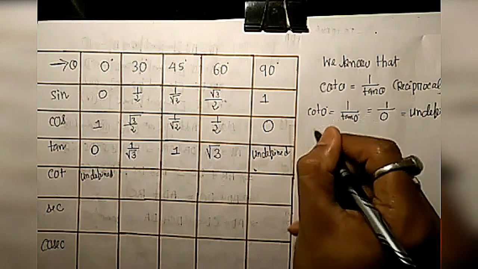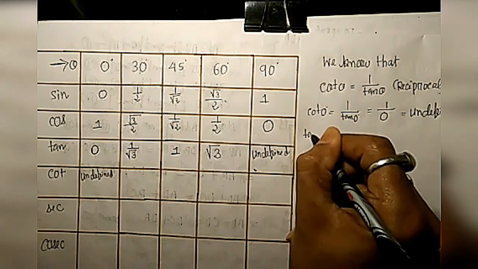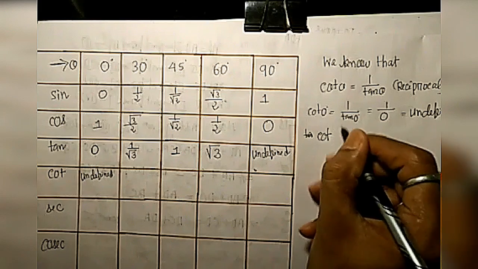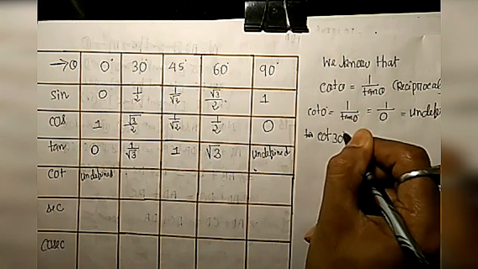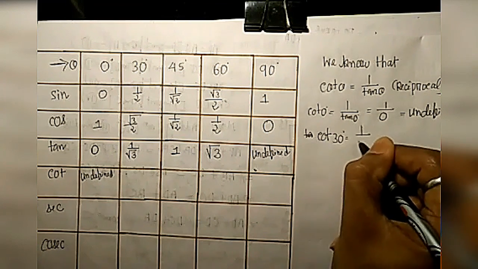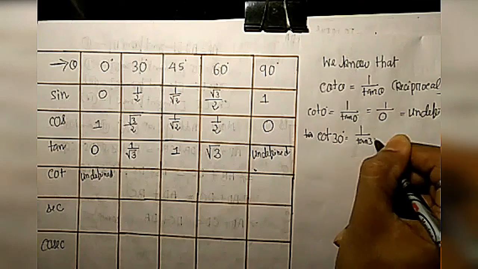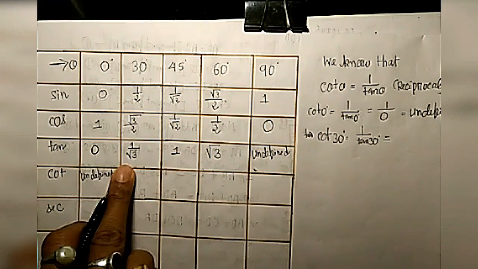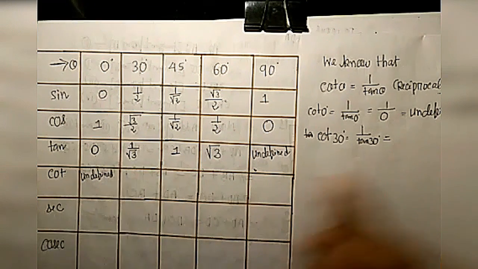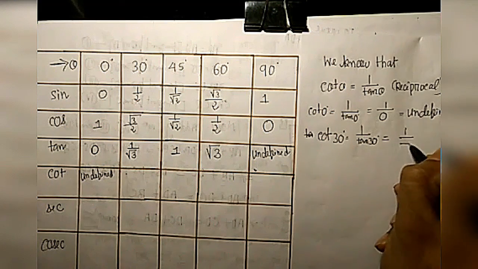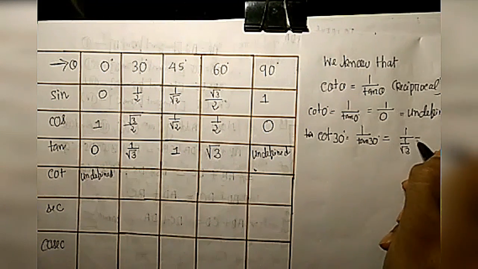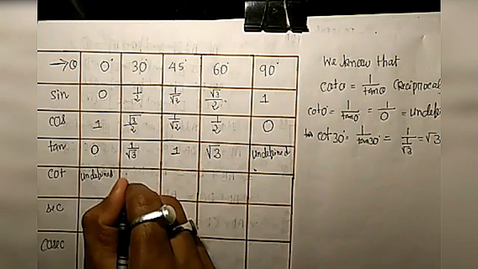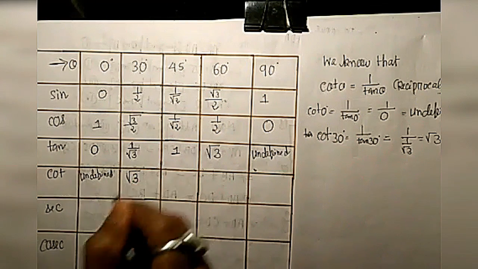Next, cot 30 degree is equal to 1 by tan 30 degree. What is the value of tan 30 degree? It is 1 by root 3, so 1 by tan 30 is root 3. So cot 30 is root 3.